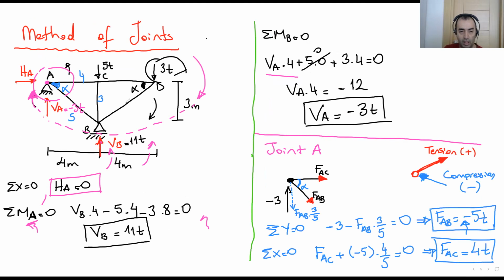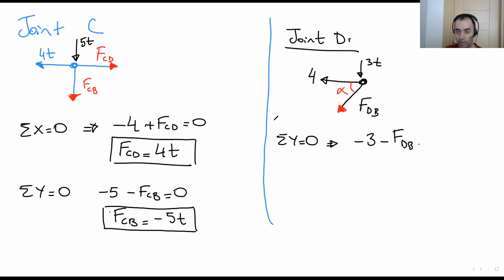It's sine 3/5. 3/5 equals 0. FDB equals minus, I guess it's -5, right?